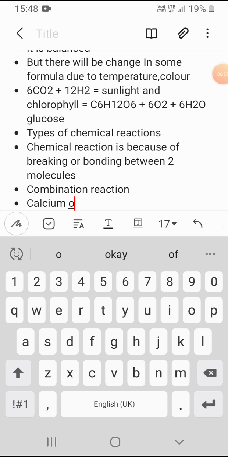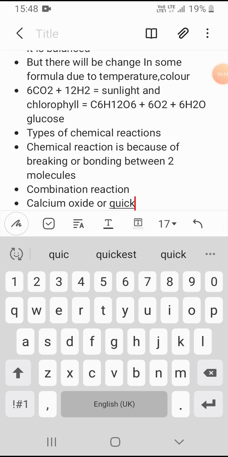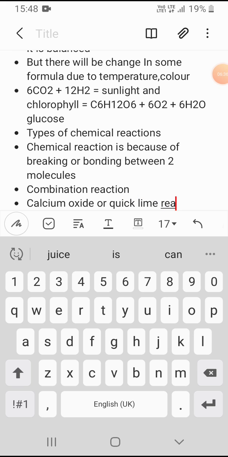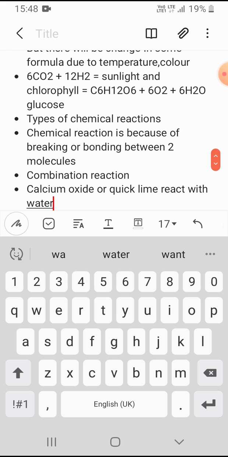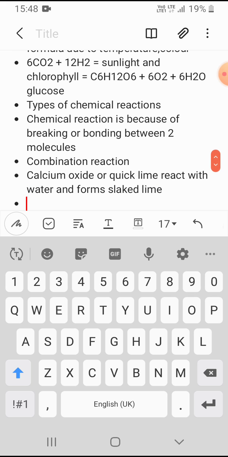Calcium oxide, or quicklime, as it is called, reacts with water and forms slaked lime. So what is the formula for that?